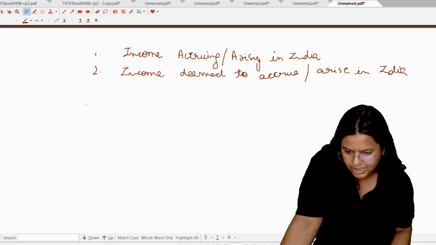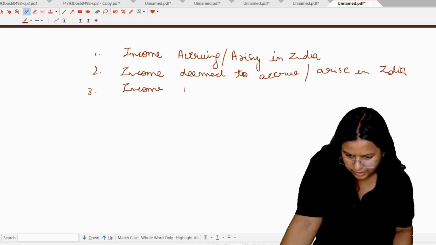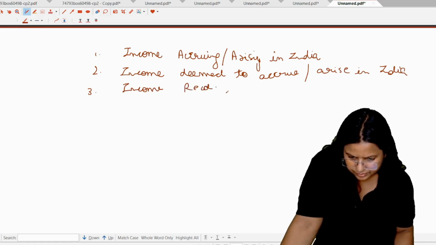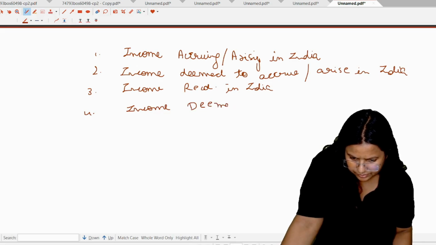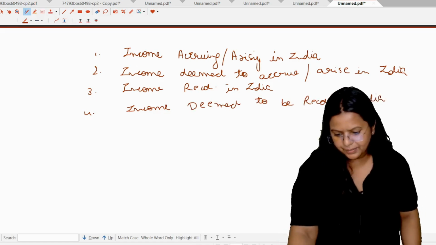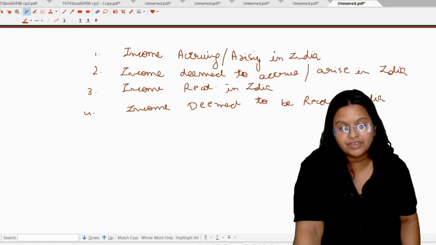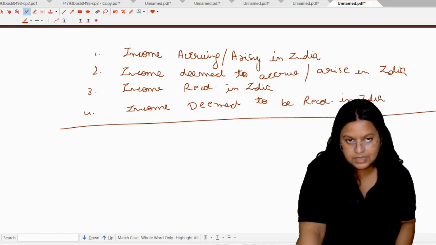We have covered all these points in the class also. So these are the 4 incomes which will be taxable for every person of every residential status.